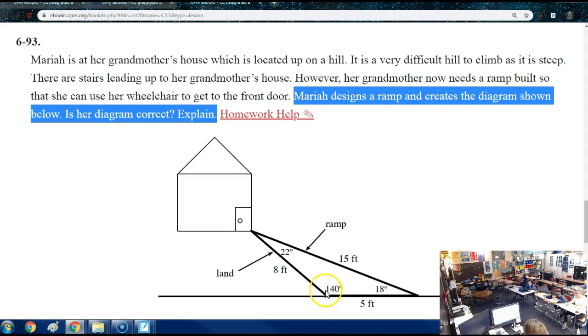So imagine that this was kind of like the stairs, the land, whatever that you used to climb up. Now we're making a less steep ramp for her to go up. So whether you visualize that as coming off the front door or coming away, I just wanted to put that visual in your head of that is elevated compared to here. We're coming down a ramp.